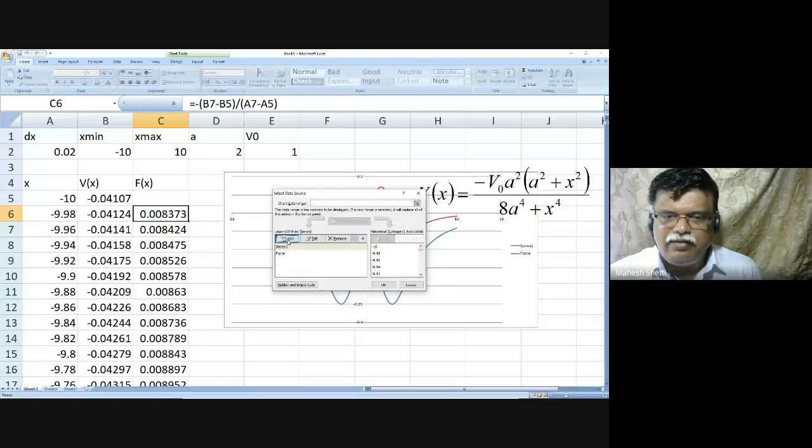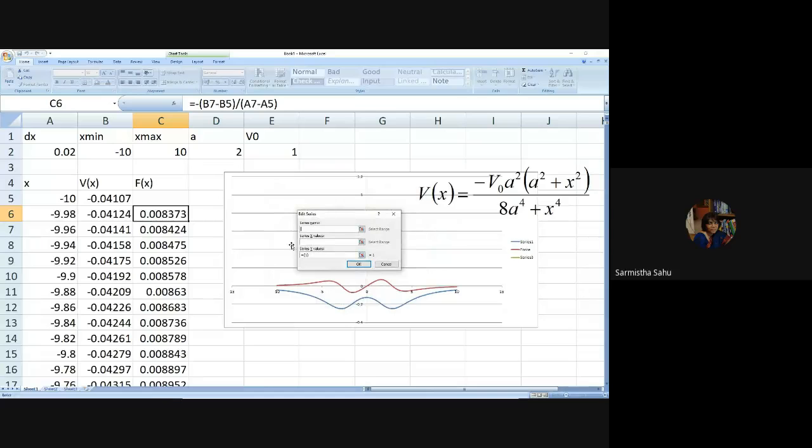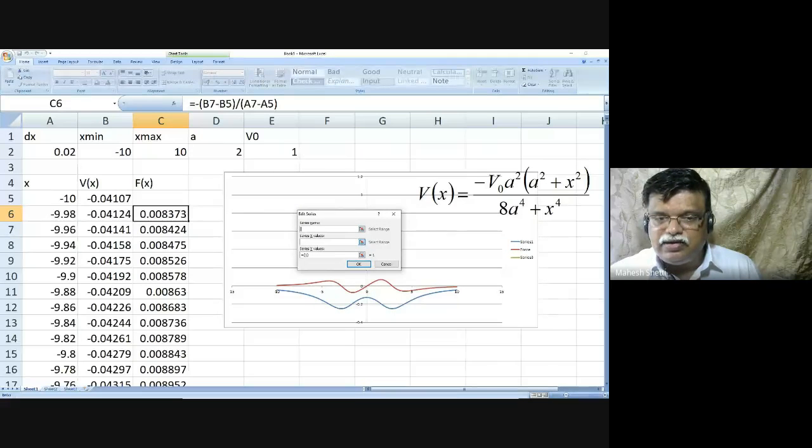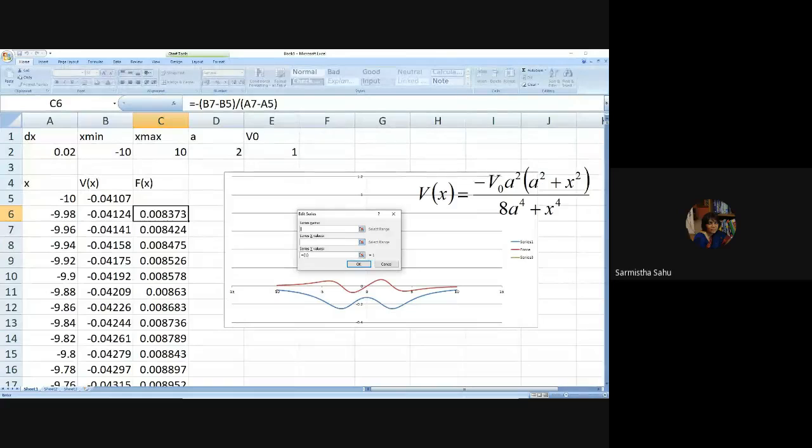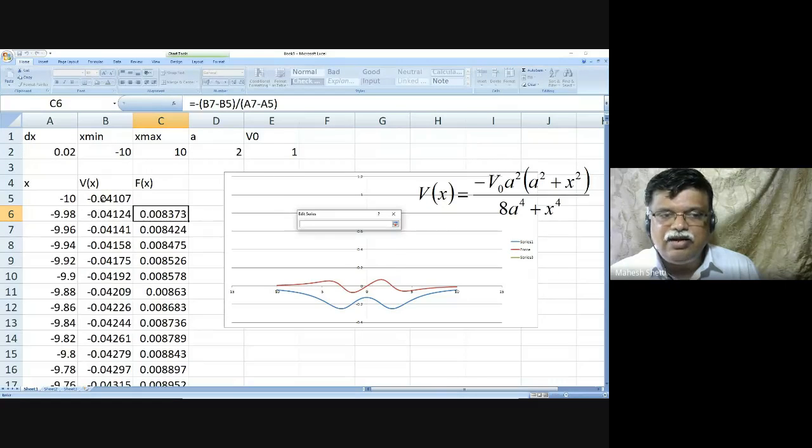Suppose I add, and if I click here on the right hand side instead of directly typing, then wherever I click here, it will automatically pick up the sheet number. You see, when I click on this cell, it is automatically picking the sheet number because it is from this sheet.